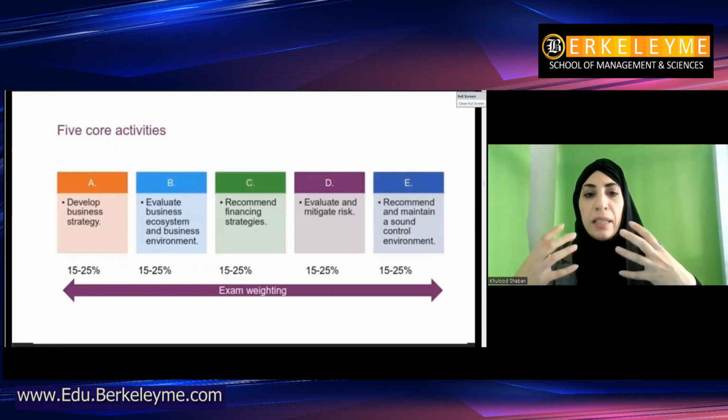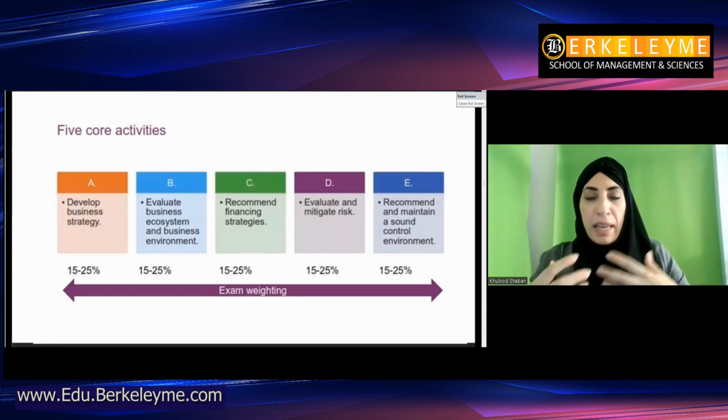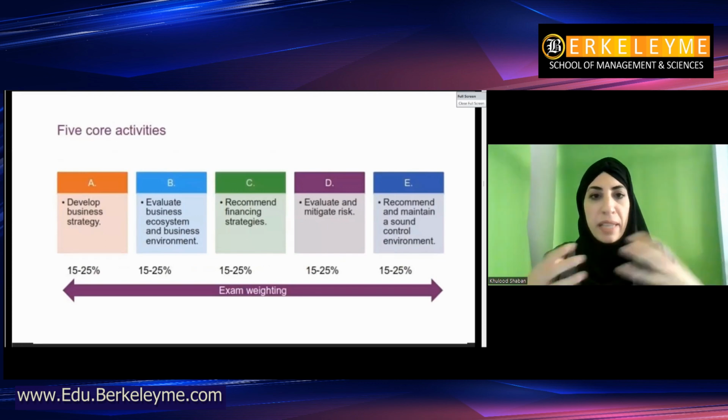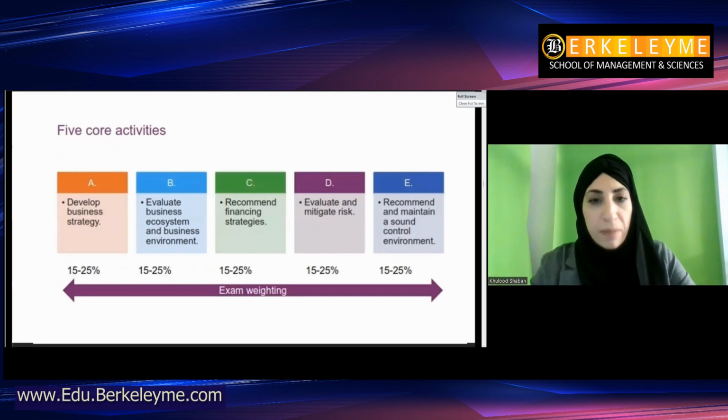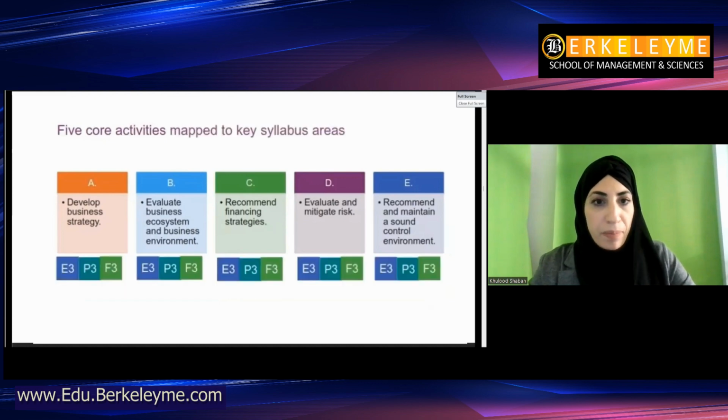These are equally tested in the exam, plus minus in each section. So your exam must have each and every one of these core activities, and you will be tested in it.